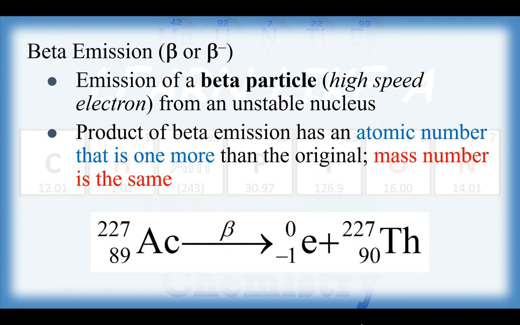And the atomic number is written as -1 because, unlike a chemical equation where you have to make sure that the count of the elements on both sides balance out, in a nuclear reaction, because you are quite literally changing the identity of the isotope, you have to make sure that the mass numbers balance and the atomic numbers balance. So if the atomic number is going to increase by 1 to give us, in this case, thorium-227, we have to make sure that the math will work out. So 90 plus -1 gives you 89, which matches up with what we see for the parent isotope.